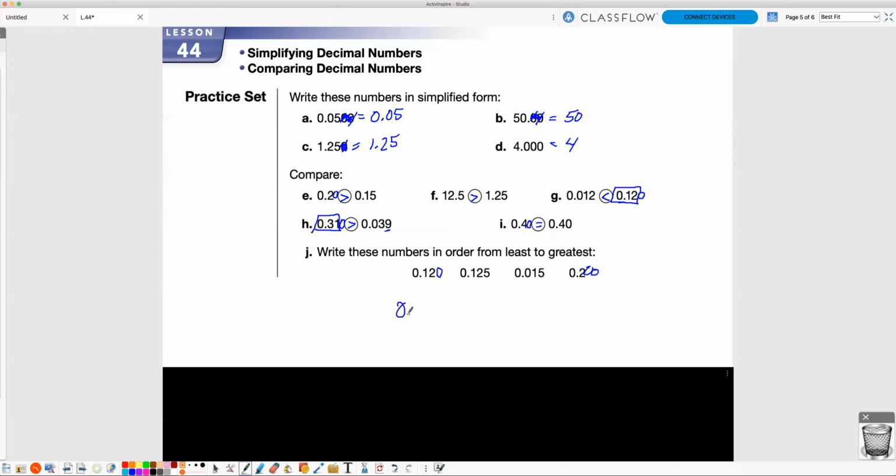So I'm going to say this is the first, 15 thousandths is the smallest. Then I see that 120 is this next one, but I want to do the original problem that they had. So 12/100 is next. And then 125 would come after 120, but I need to do the original problem.